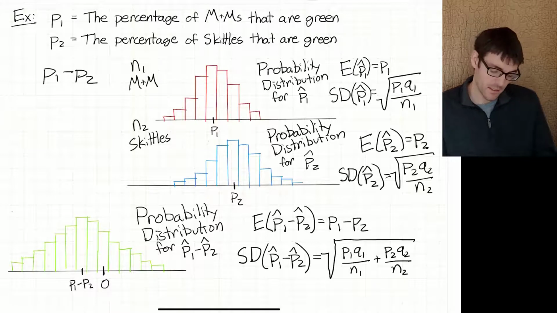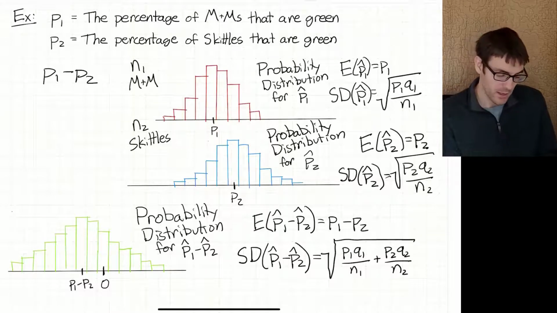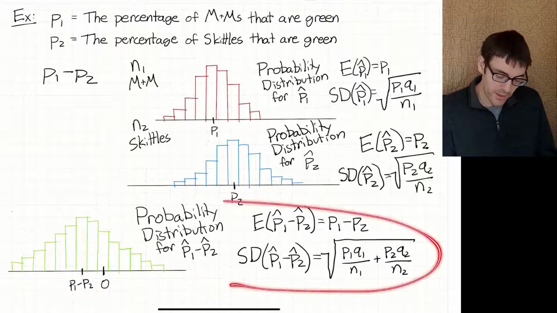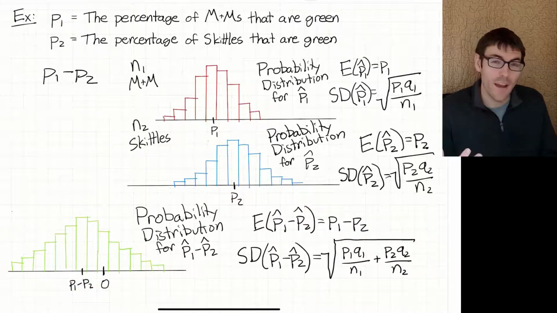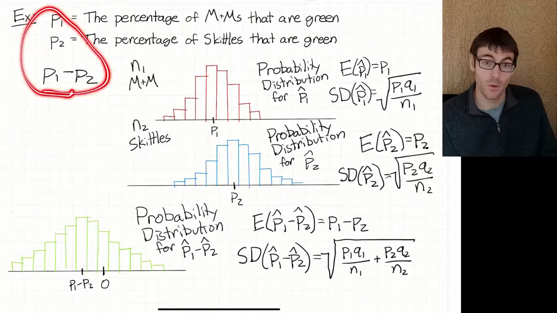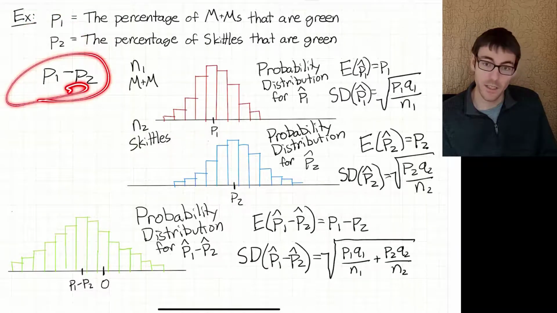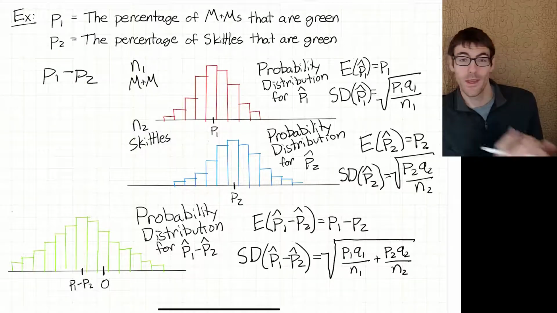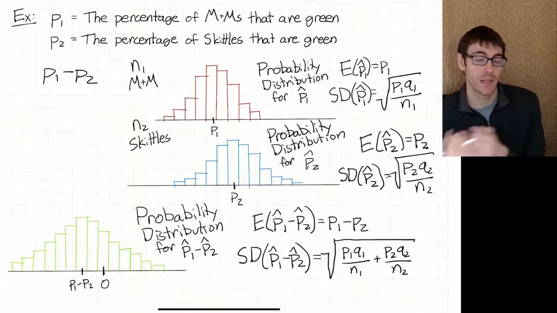So again, this is a probability question. If we know P1 and P2, then this is what we would expect to see. When we're actually doing an inference question, we don't know what P1 and P2 are. This difference in particular is the quantity that we're interested in. The information that we have is all information about the sample.